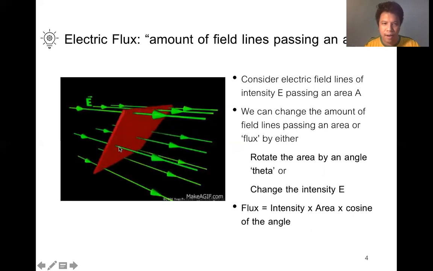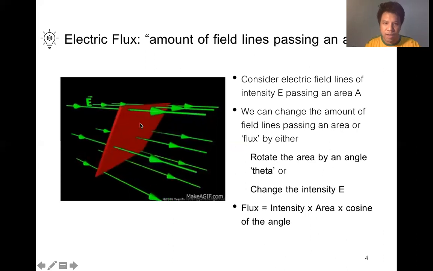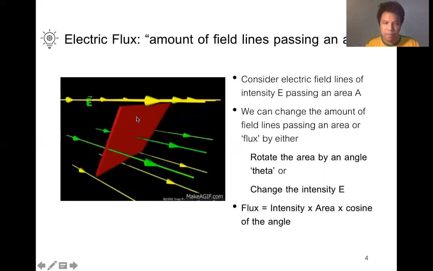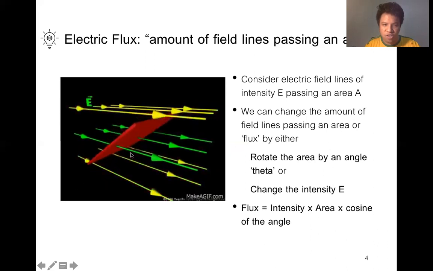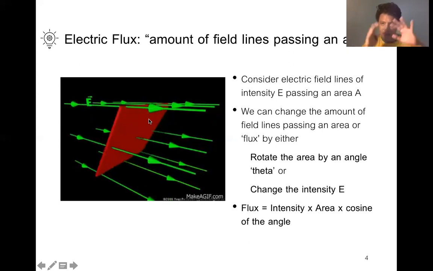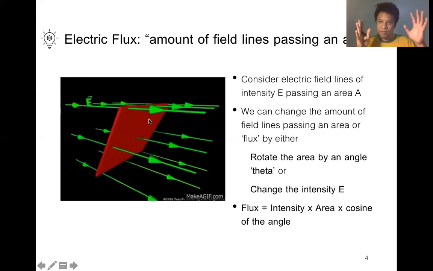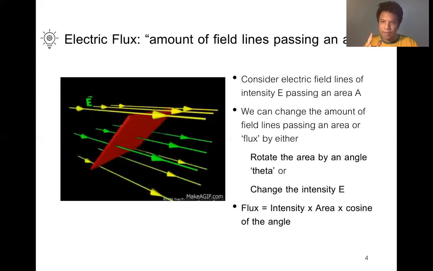The green are passing and the yellows are not passing. So changing the angle or the area changes the number of field lines passing through the area. And in the other way, if we reduce the intensity by expanding the field, there are fewer field lines crossing the region.